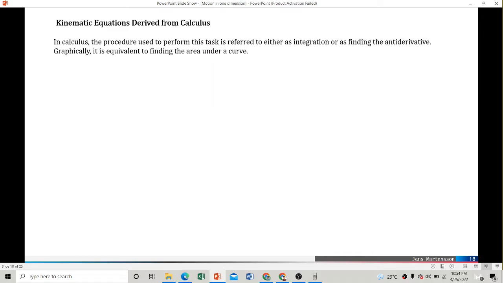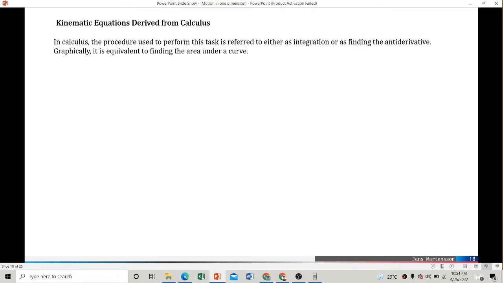Since you have taken the subject of integration right now, I assume you have a basic idea of integration. So the three equations that we derived earlier, we can also derive from calculus, which is the integral calculus.